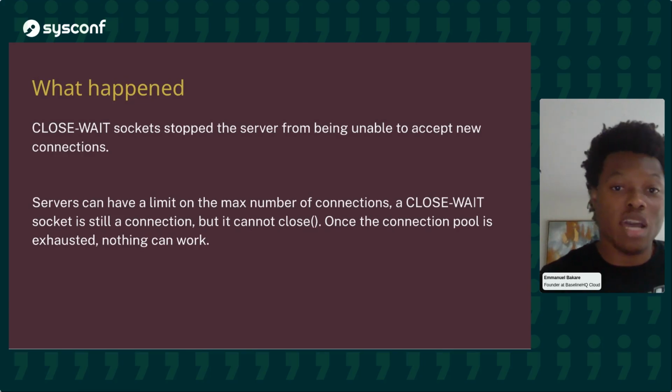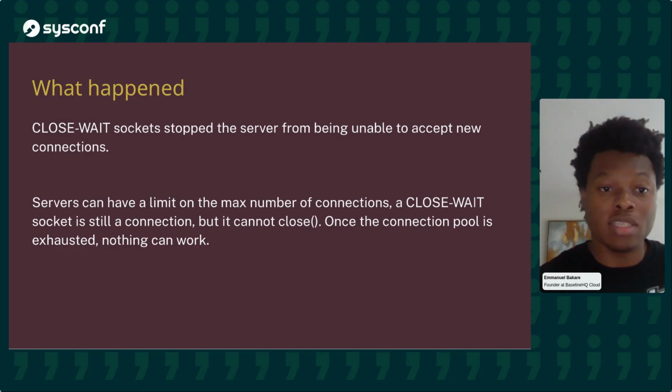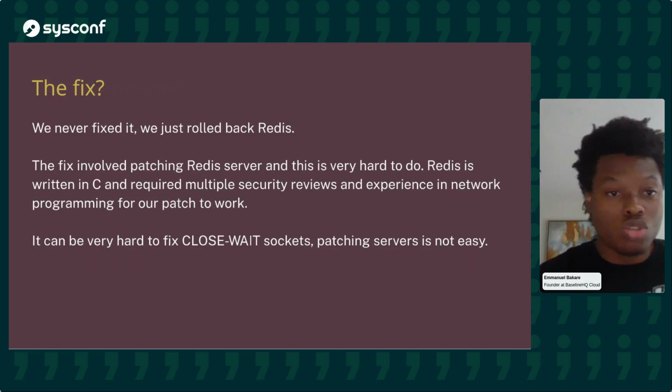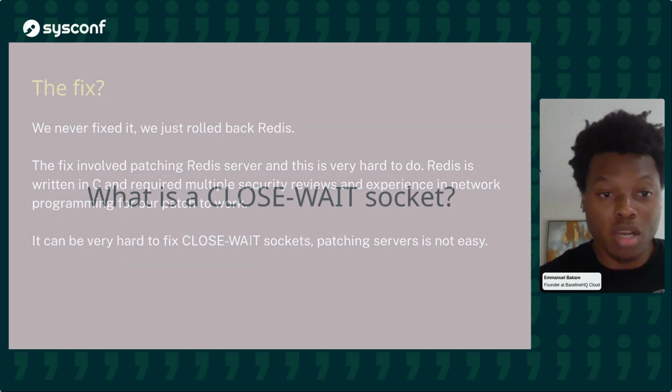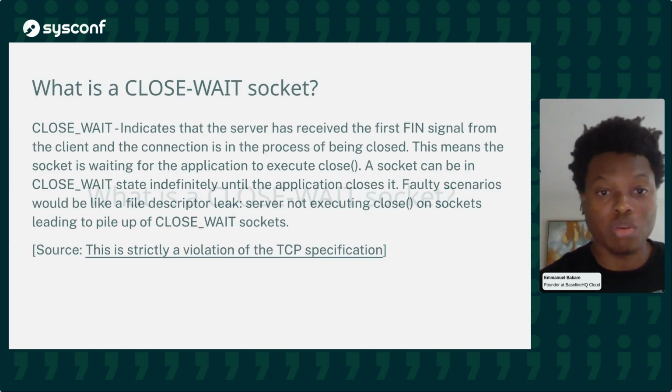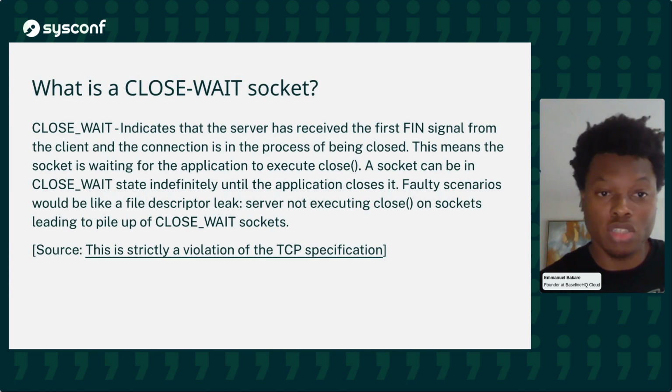So CLOSE_WAIT sockets happen when the server has wasted all the connections it has in CLOSE_WAIT, and it doesn't close properly. Let's dive in. I don't think the fix is really a thing to talk about, but let's continue from CLOSE_WAIT and define what it is based on that intro.